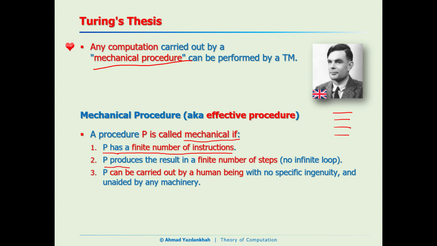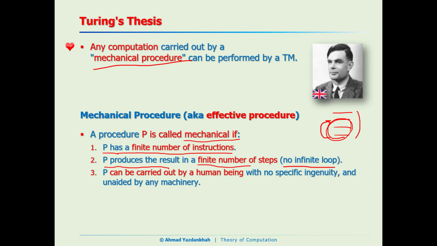Second, P produces the result in a finite number of steps. Maybe the number of the instructions are finite, but maybe we have a go-to here, for example. We can create a loop here, right? And the number of the steps should be finite as well. So no infinite loop is accepted.